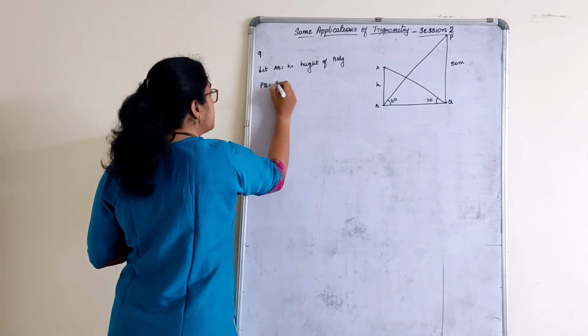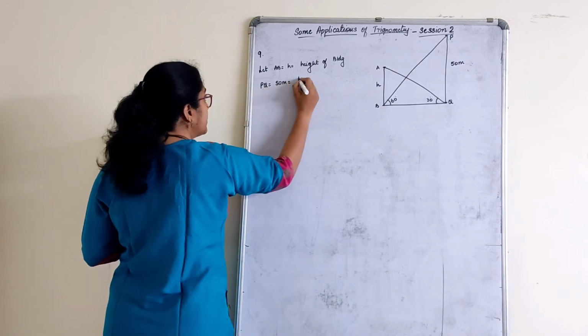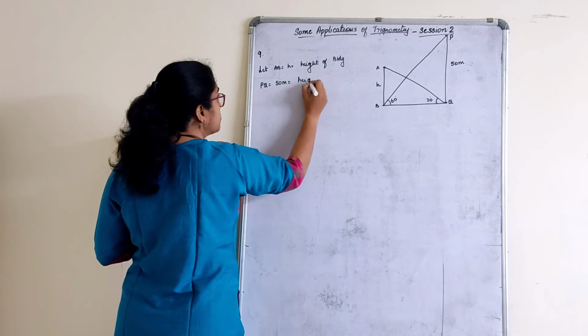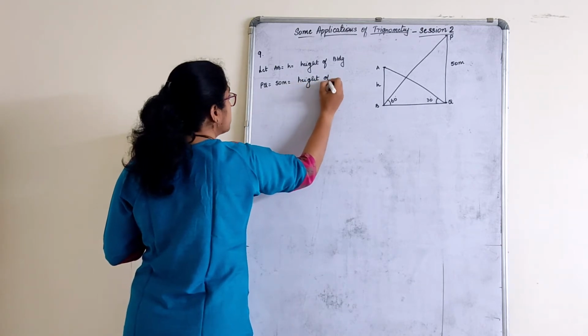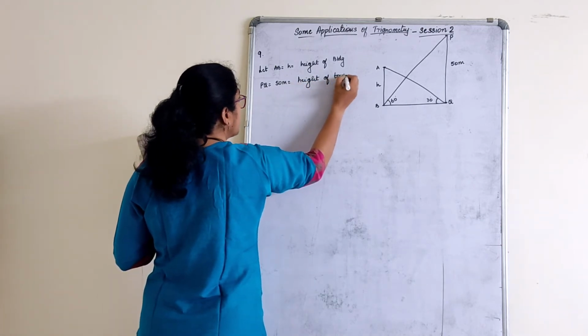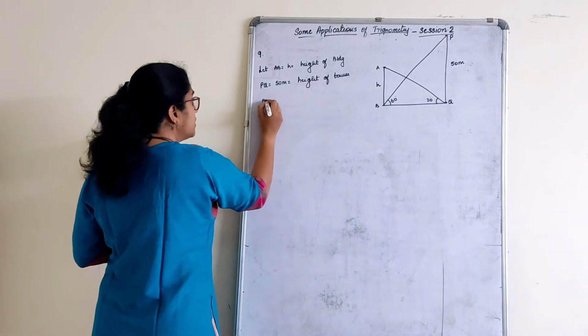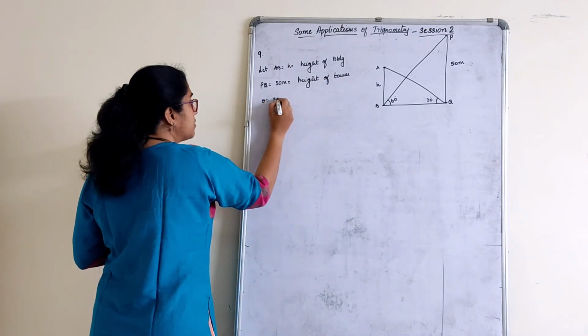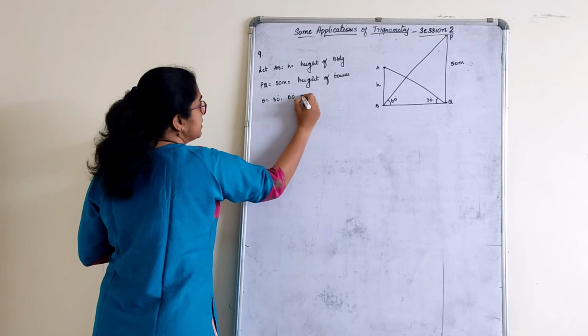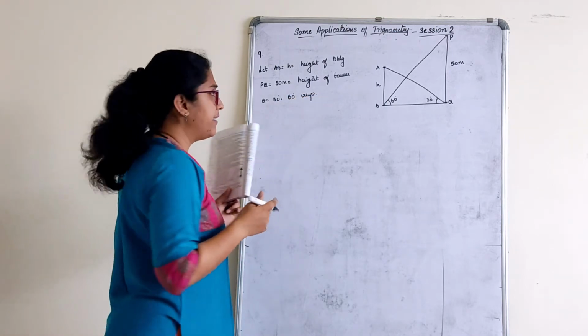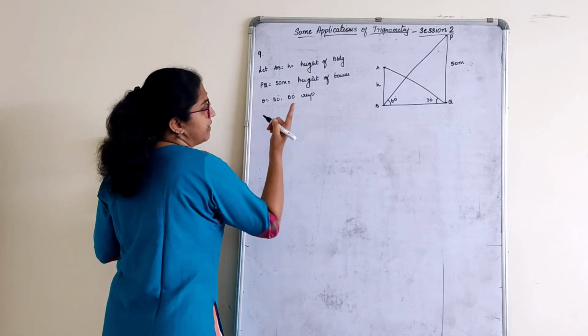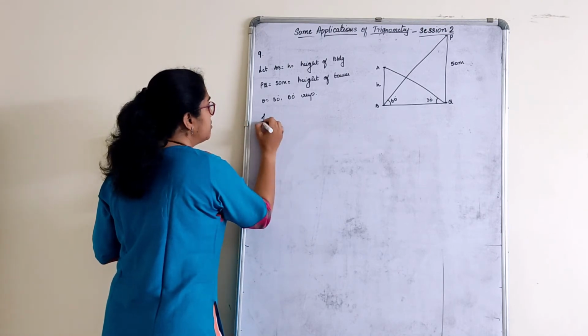PQ is equal to 50 meter, that is equal to height of the tower. Theta is equal to 30 degree, 60 degree respectively, with respect to what they have given. Choose a triangle where you have at least a side which is given.